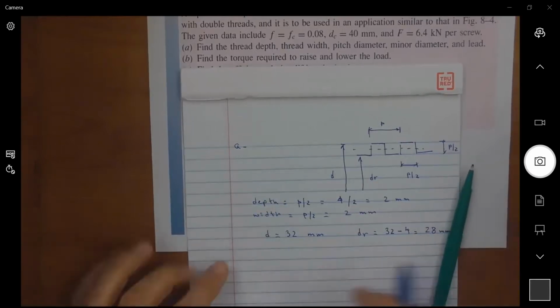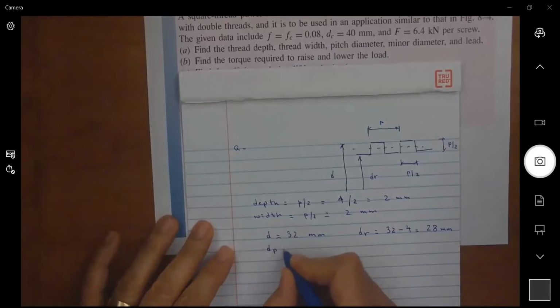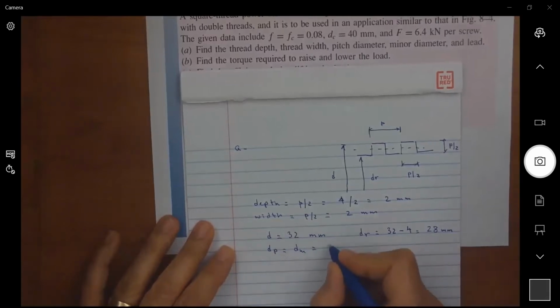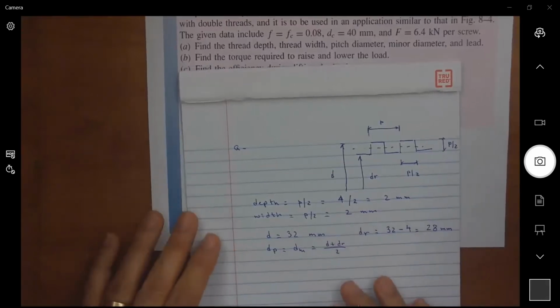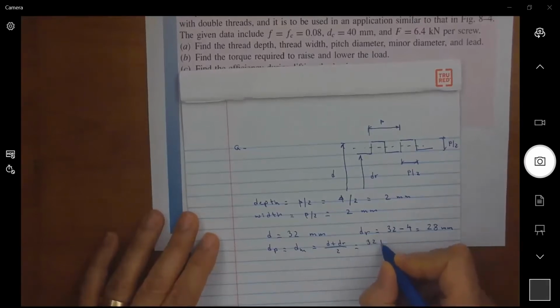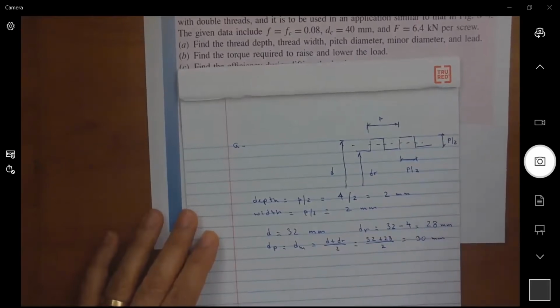So I can see here that the pitch diameter in this case is equal to dm, which is d plus dr over 2. So that would be 32 plus 28 over 2, which is equal to 30 millimeter.